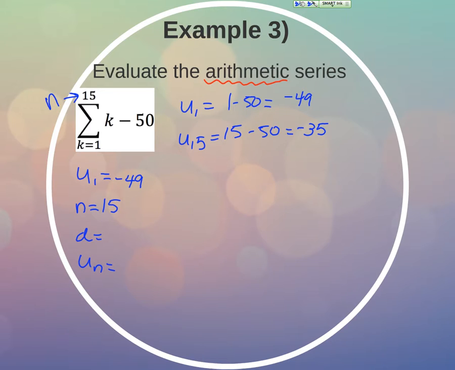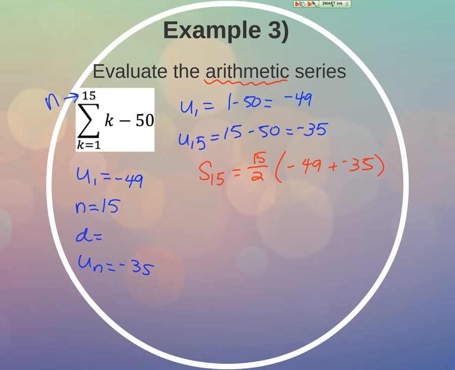So now I actually have everything I need for the short formula because I don't need the common difference. So I can do the sum of the first 15 terms is 15 divided by 2, and then negative 49 plus negative 35. I didn't actually write the formula down.